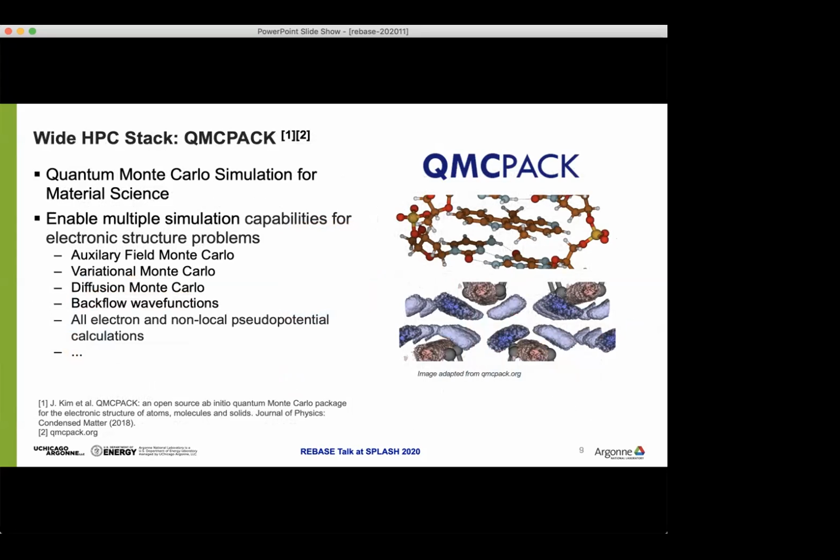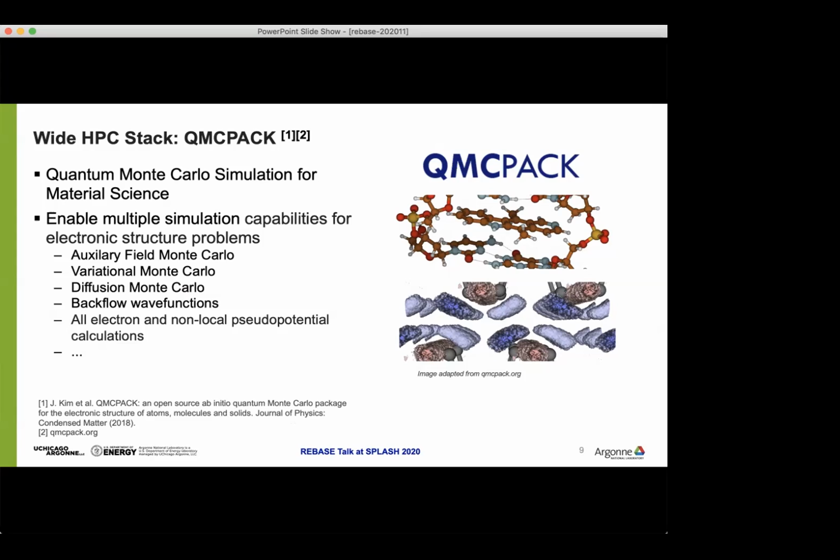This actually shows how wide the HPC stack can be. QMCPACK is a quantum Monte Carlo simulation for material science, mainly used for material science, but now it's being used for other scientific domains too, because the physics models are basically portable to different problems.